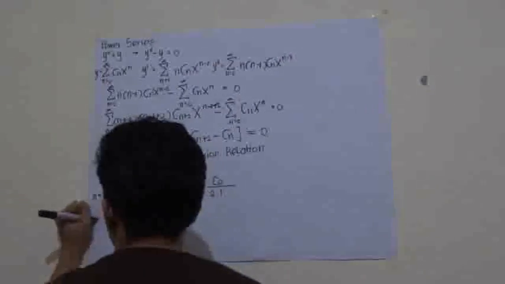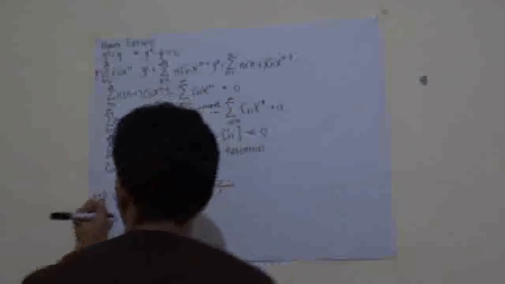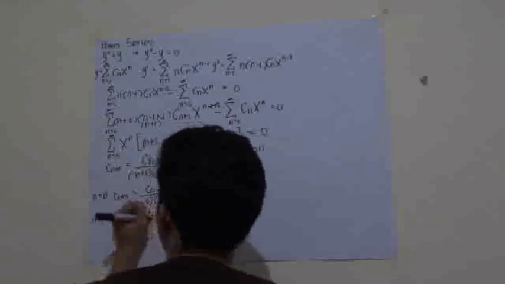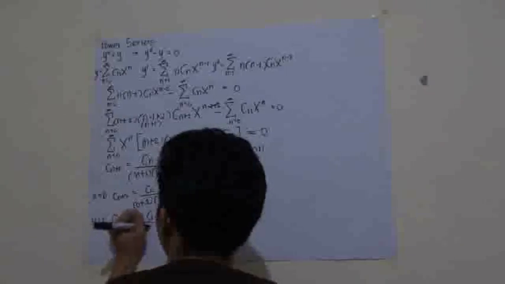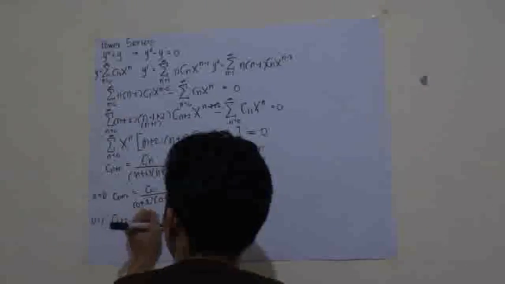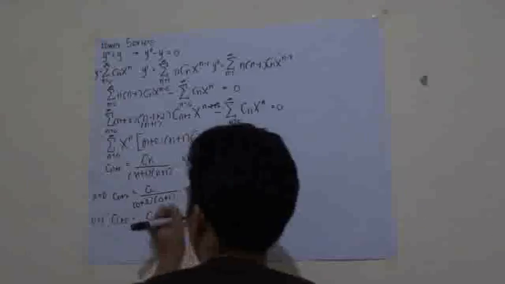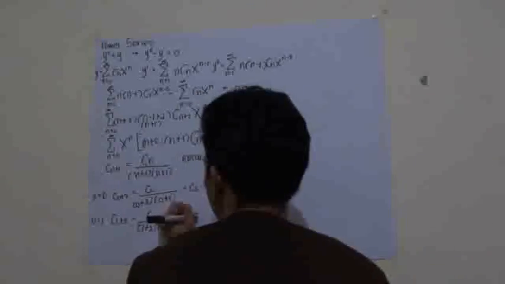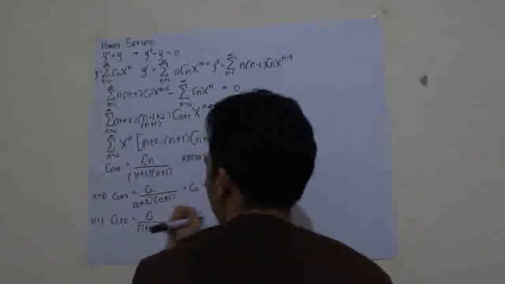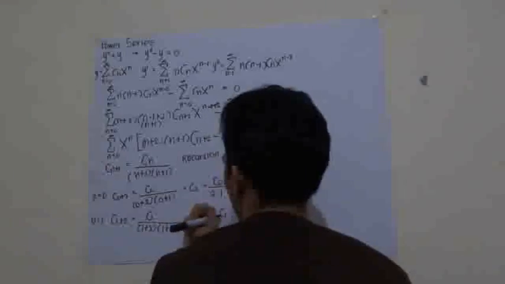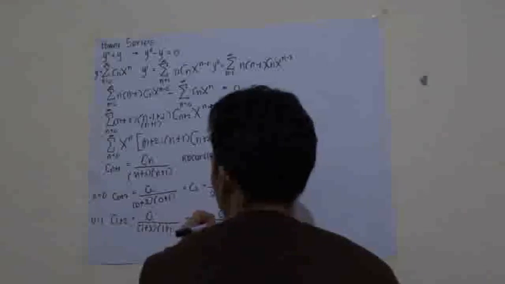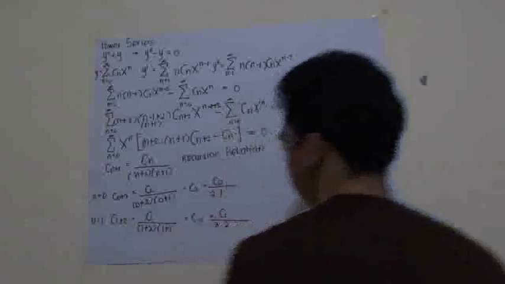And n is equal to 1. We have c sub 1 plus 2 is equal to c sub 1 over 1 plus 2 times 1 plus 1, which gives us c sub 3 equal to c sub 1 over 3 times 2.